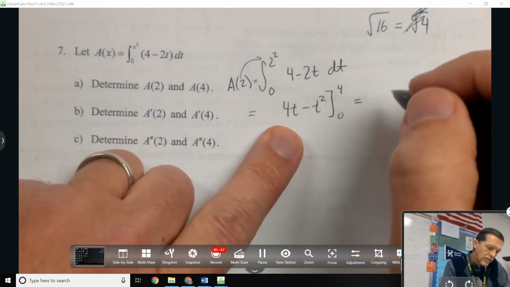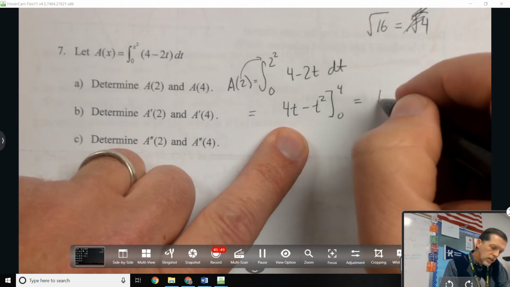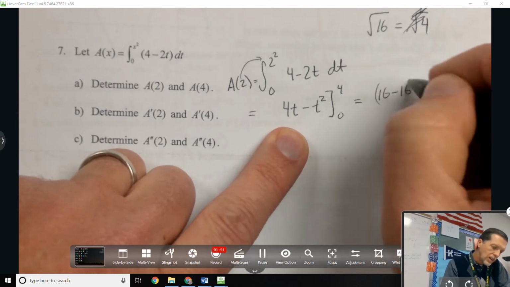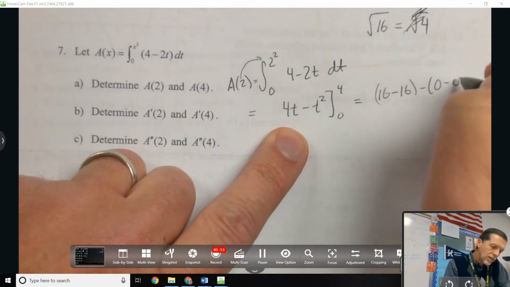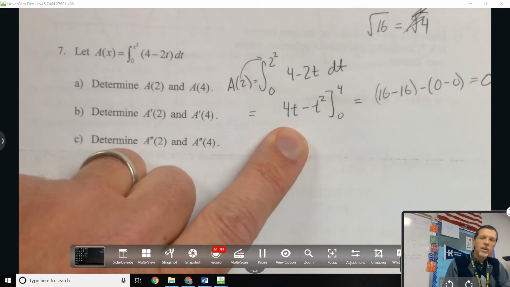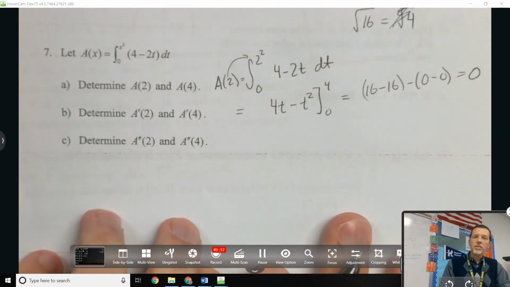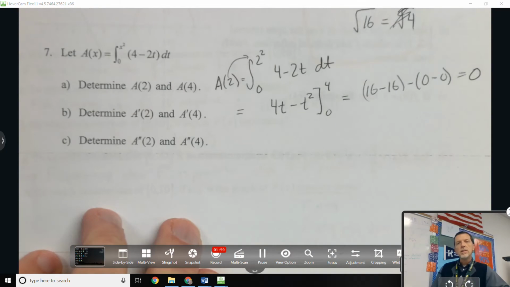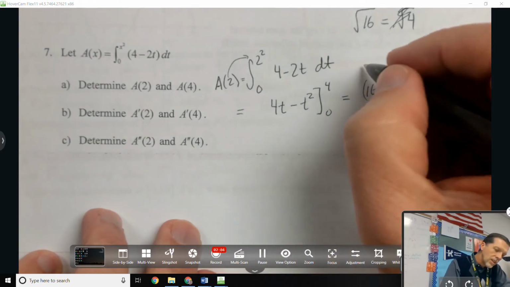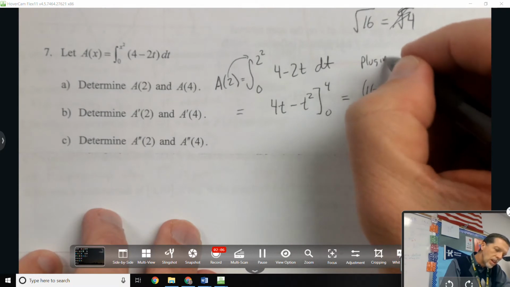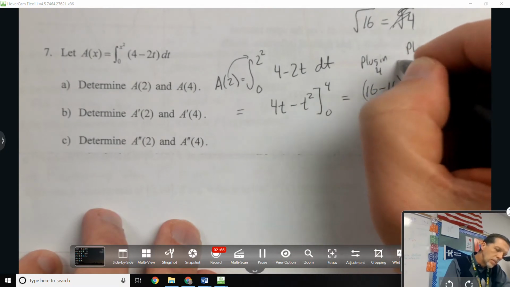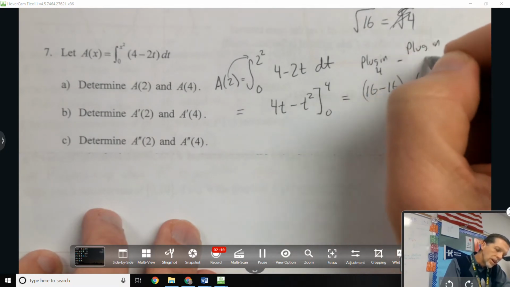So if I plug in 4, 16 minus 16 minus 0 minus 0. I plug in the top one, 4, minus plug in the bottom one.